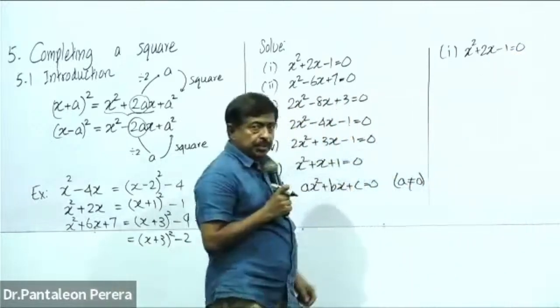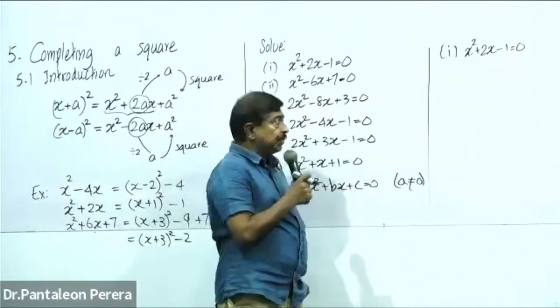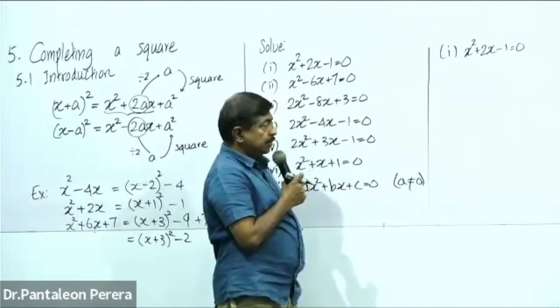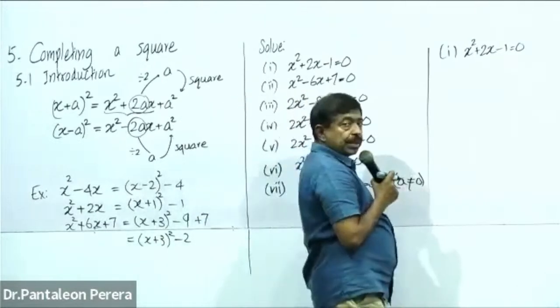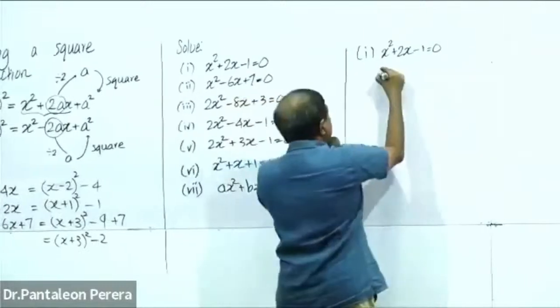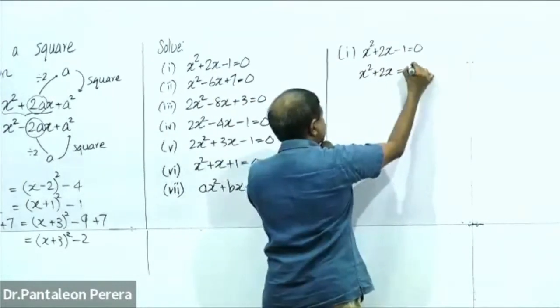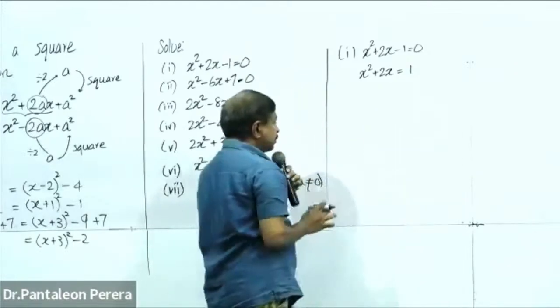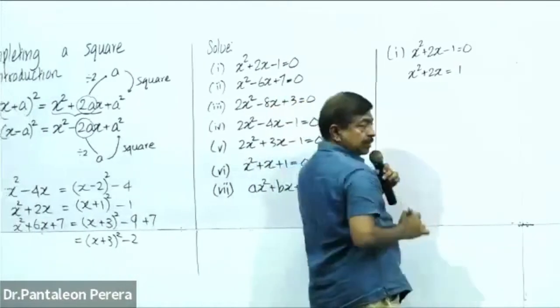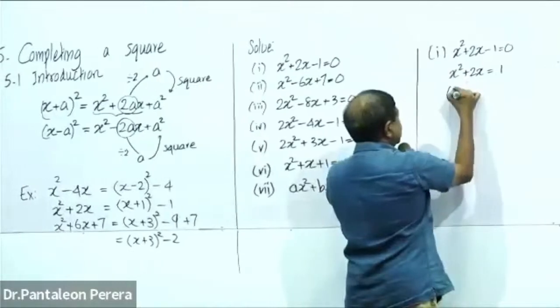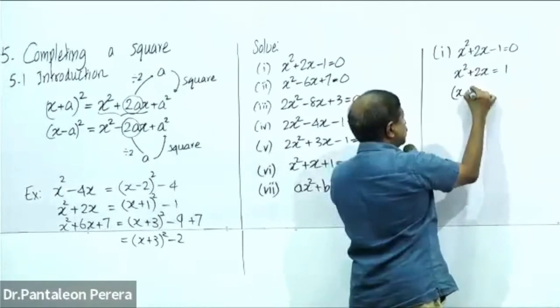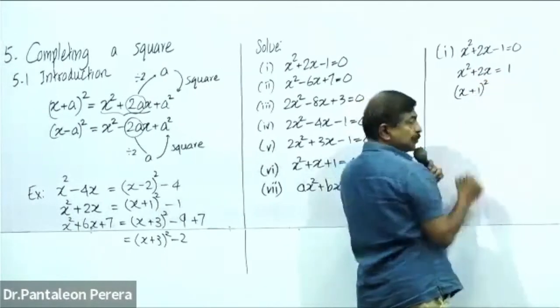Now, this is how you do it when we use completing a square to solve quadratic equations. You leave x's on one side and take this to the other side. That would be better. Now complete a square here. Write the square root, divide this number by 2, raise it to a square.